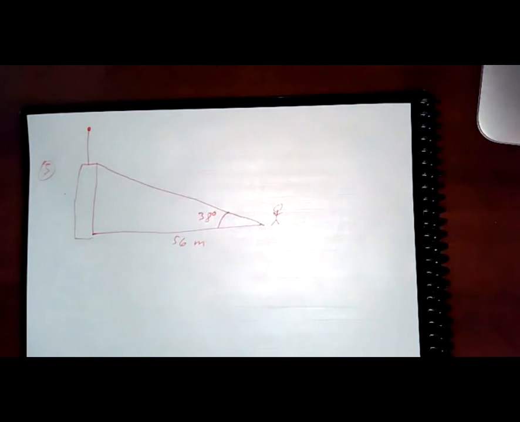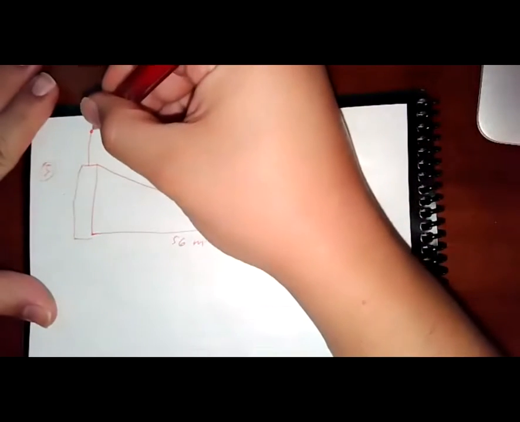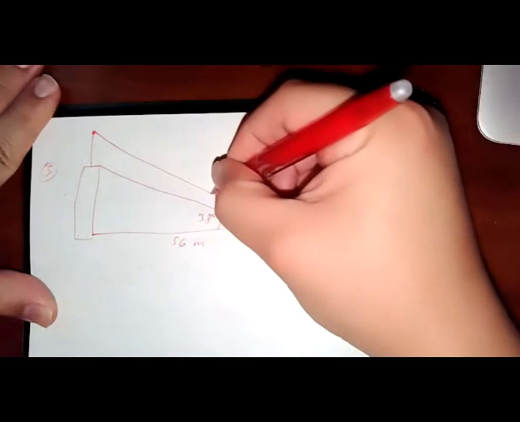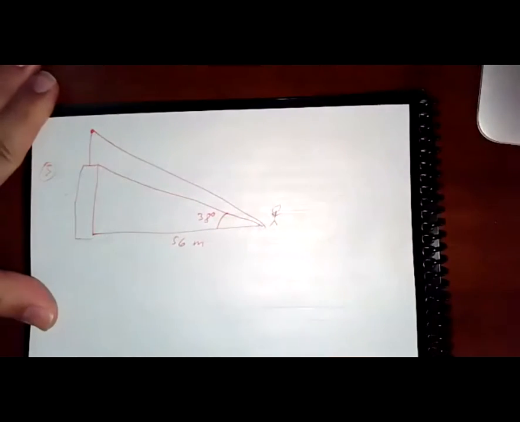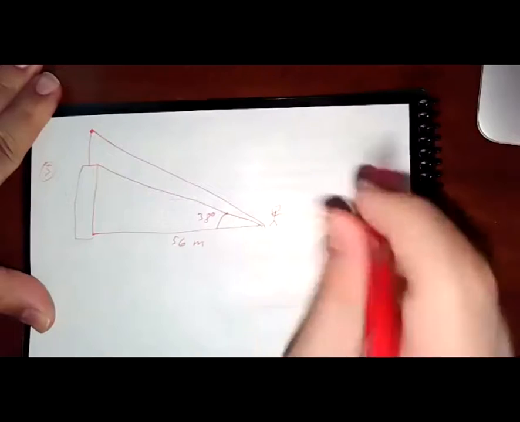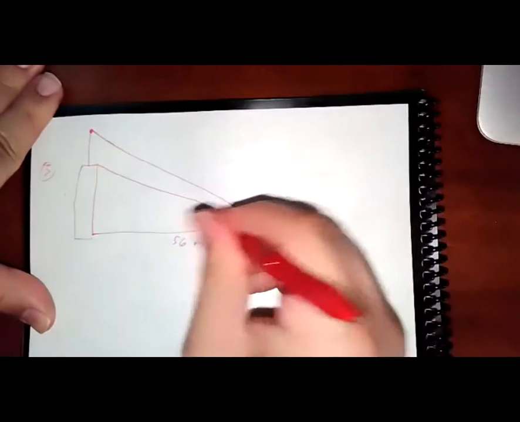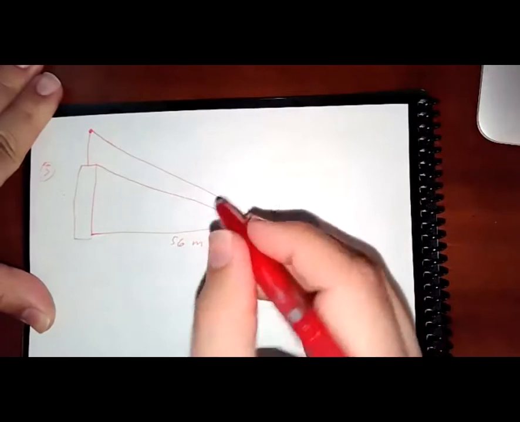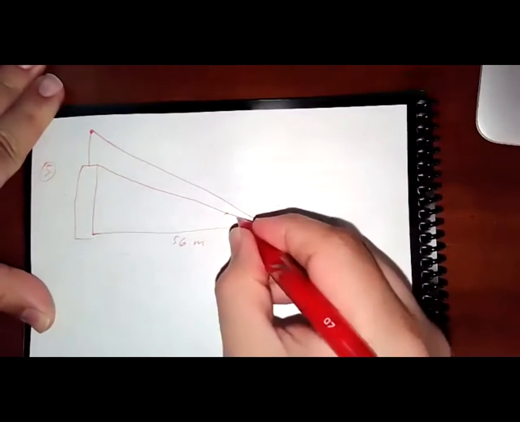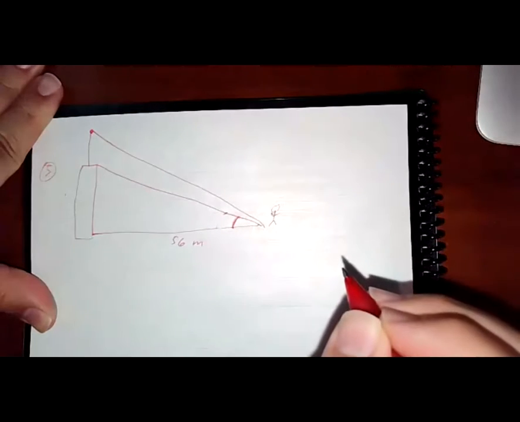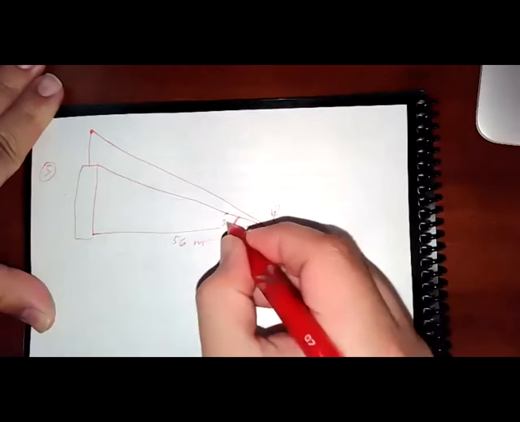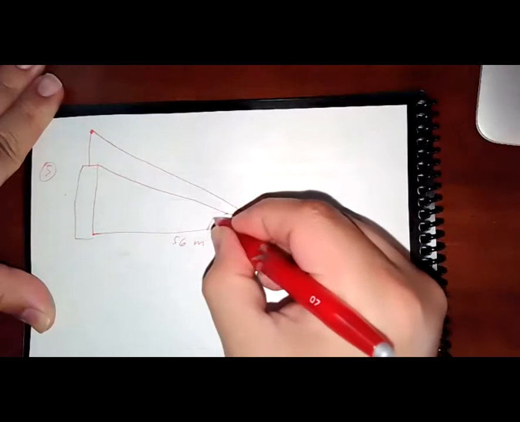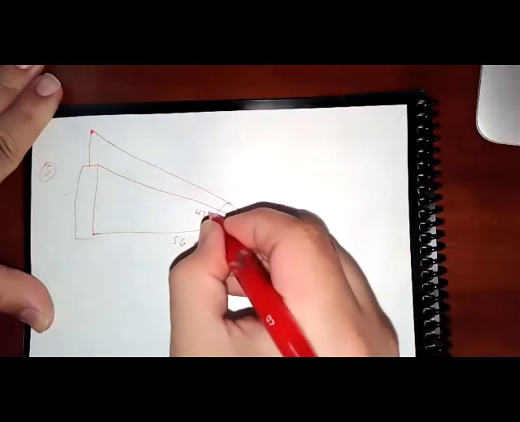So he measures another angle to that antenna and finds it to be 47 degrees. Okay, he's trying to make my life difficult, I see. So this new angle, I'm going to try to make it a little prettier. We said that was 38. So then the new one is 47. That's what I'm understanding.